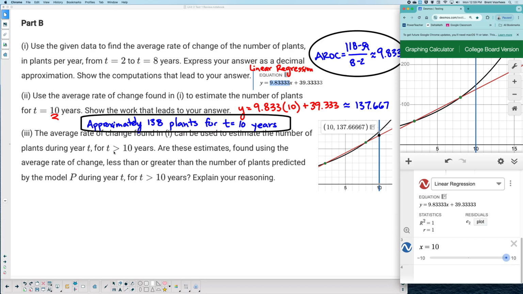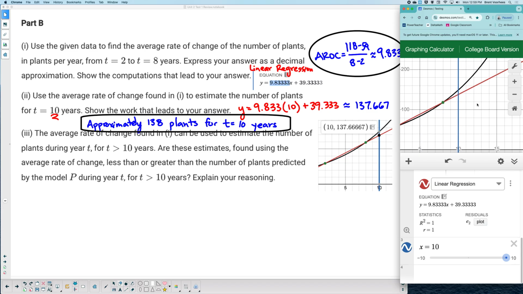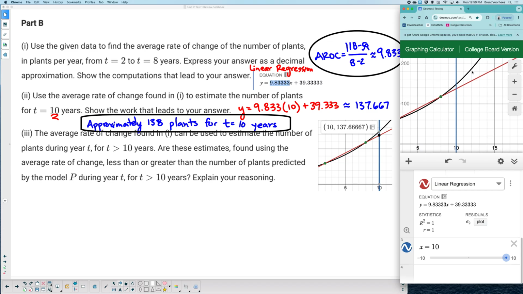If we looked for t being greater than 10 years, which side of the graph would we look on? Left, right, top, or bottom? If t is greater than 10 years, we're looking on the right side. Which one's greater? The exponential model or the AROC linear model? The exponential is greater.